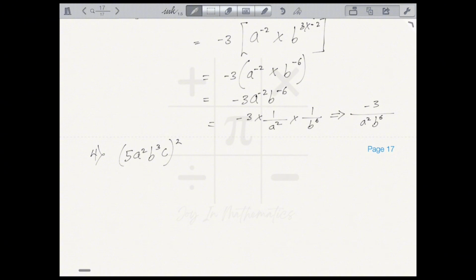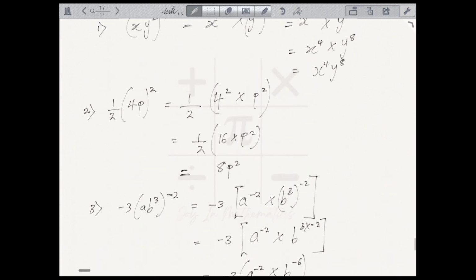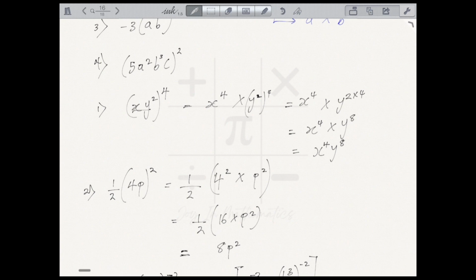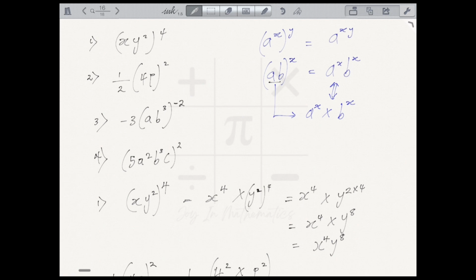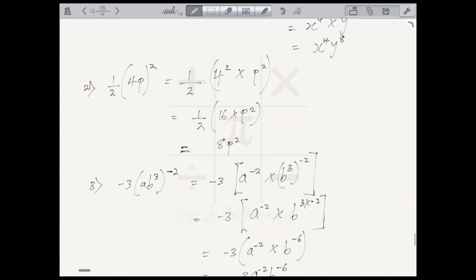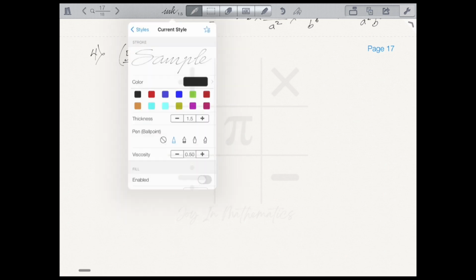Now, in our previous questions, we have been seeing just two terms in the bracket, and this applies to this principle that we have two terms here, just a and b. But in this question, we have how many terms? We have 1, 2, 3, and 4 terms. How do we go about it?